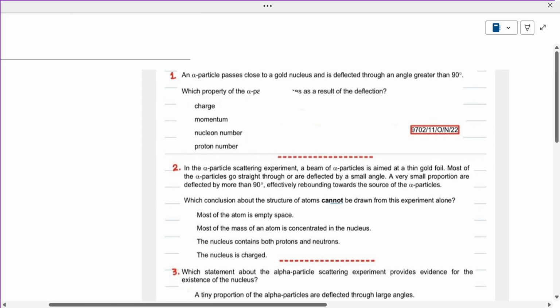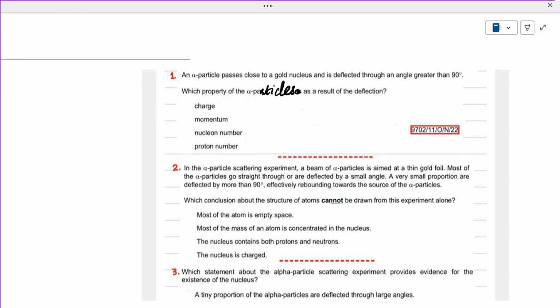An alpha particle is close to a gold nucleus and is deflected through an angle greater than 90 degrees. Which property of the alpha particle changes as a result of this deflection?